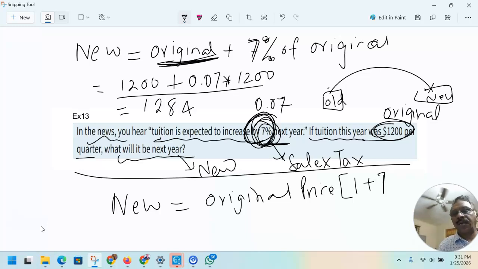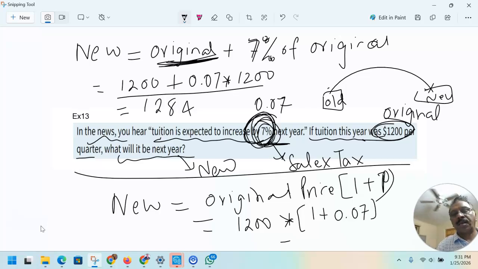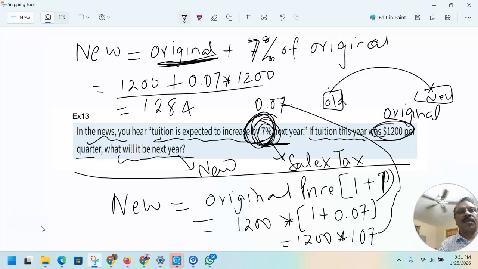So that means it is 1200 times 1 plus 0.07, which is 1200 times 1.07, and you end up getting the same answer. And that's it. Or you could also do it directly.